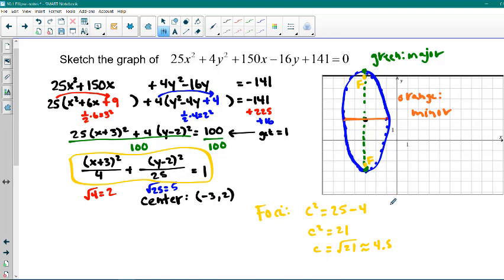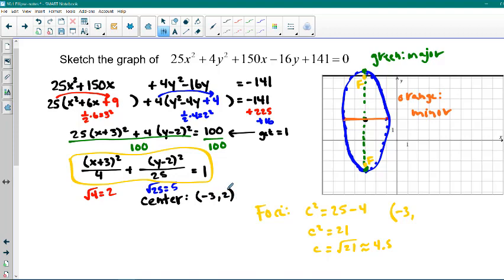If we actually wanted to locate where they are, we usually want to do that in an exact form, so we're going to want to use the square root of 21. Our center is -3, 2. So you ask yourself, which part of the center got adjusted? Did we move right and left? If so, the x got adjusted. Did we move up and down?